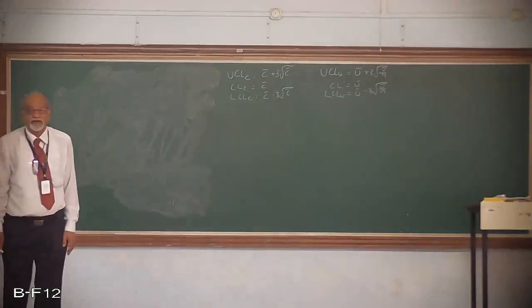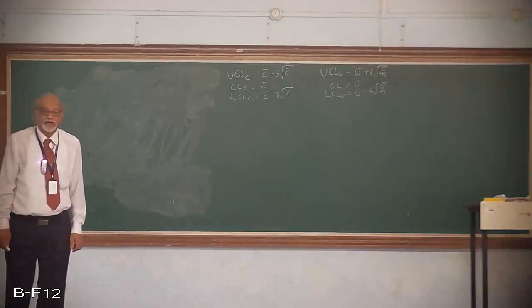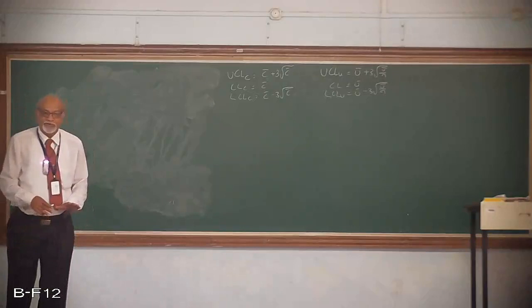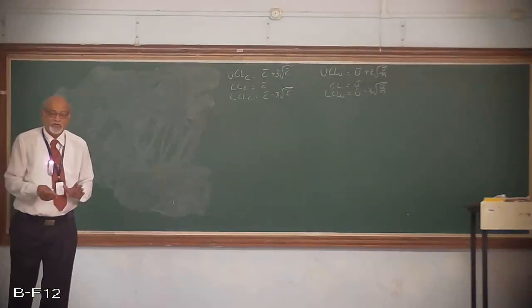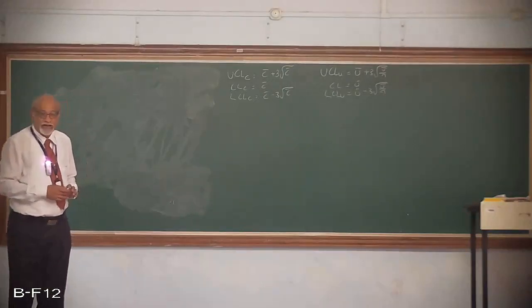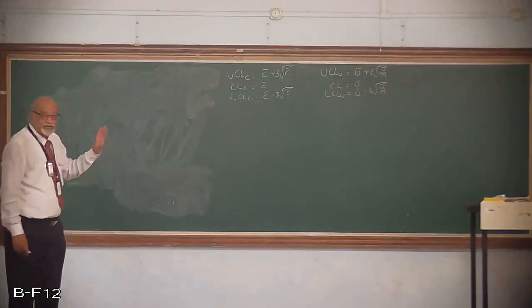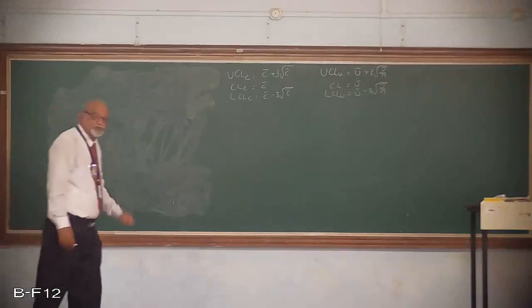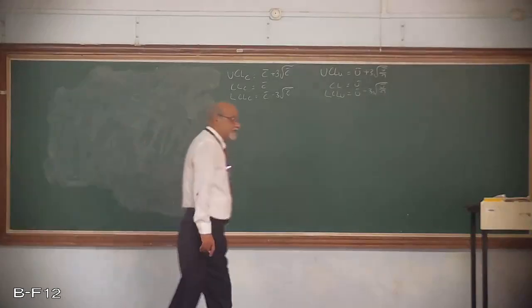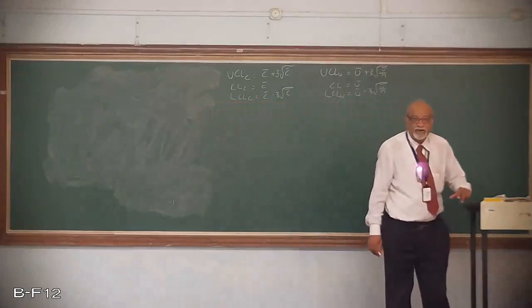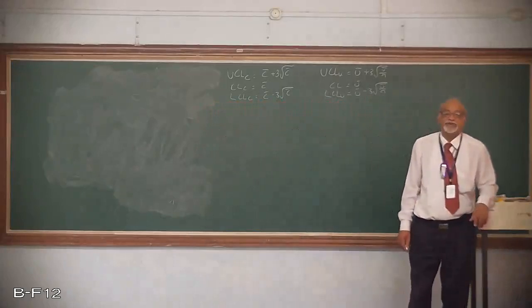How do we find the upper control limit, the central line and the lower control limit? In all these control charts, it hinges on two things: one is the average, another is the standard deviation, that is, the dispersion.